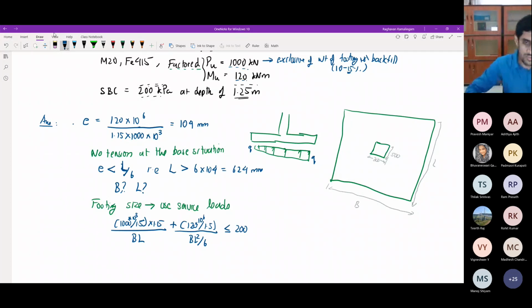I want to convert this to newton per millimeter square. It will be 10 power 3 above and 10 power 6 below, so I guess it will be 10 power minus 3.